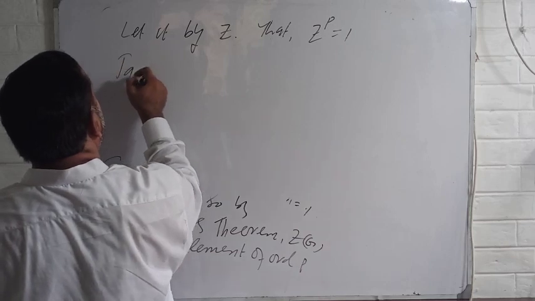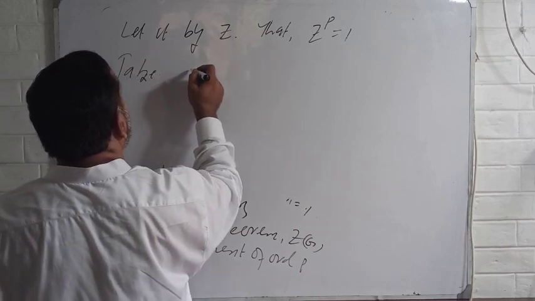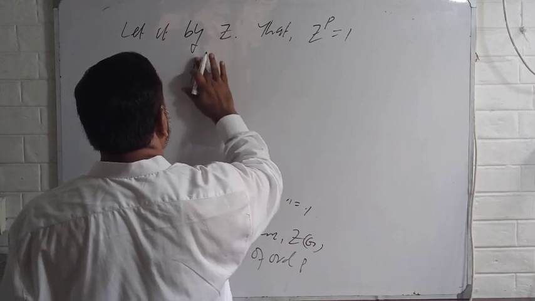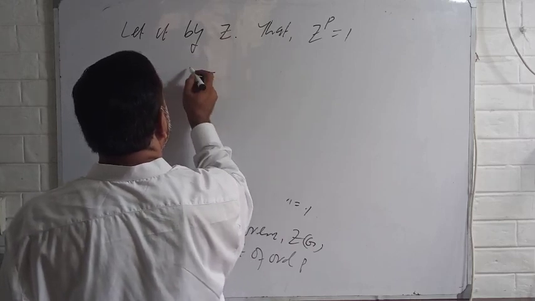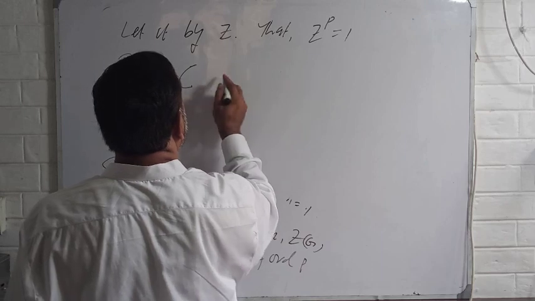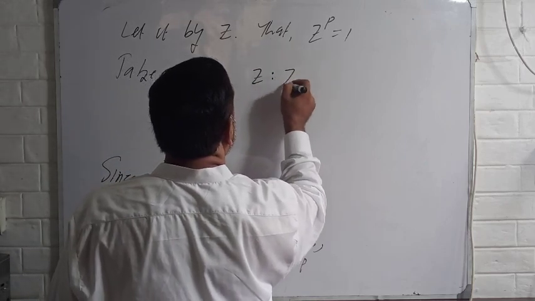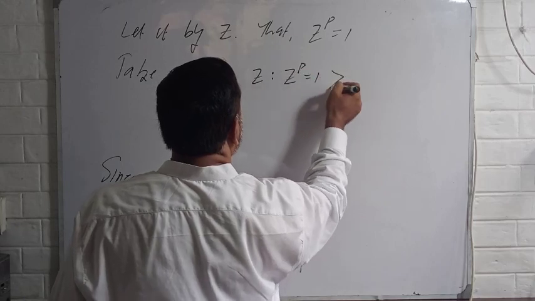So take C equal to the group generated by z such that z power p is equal to 1.